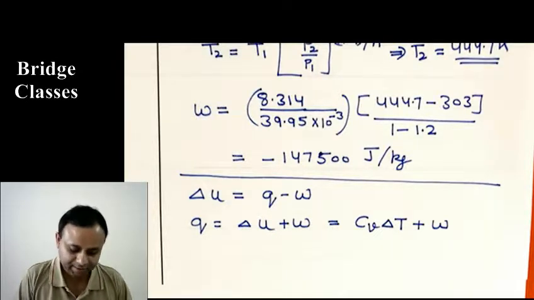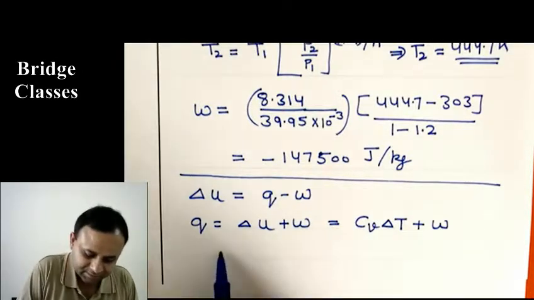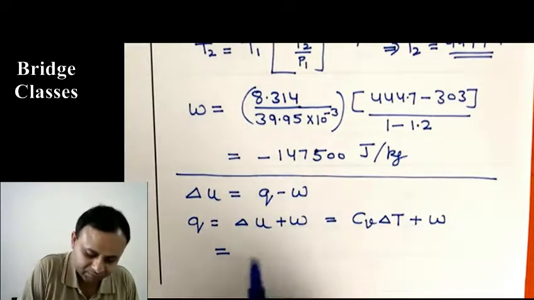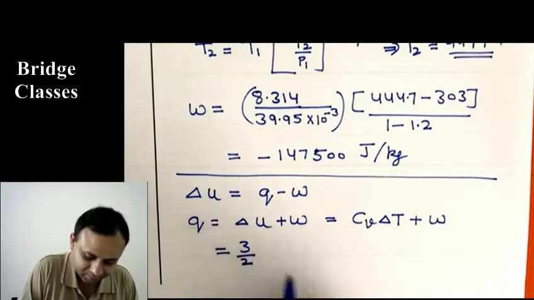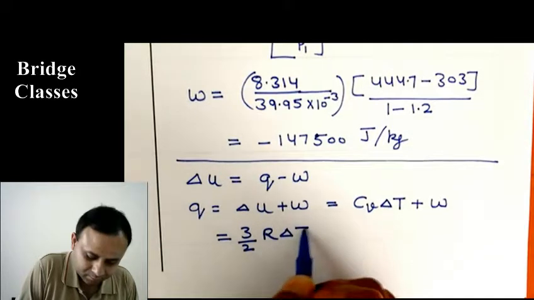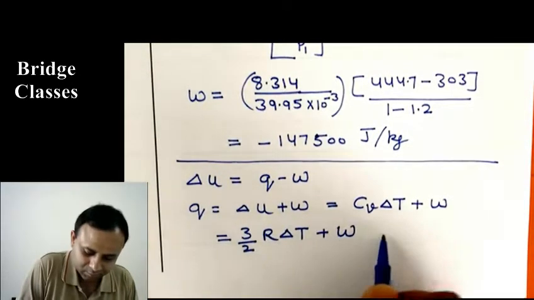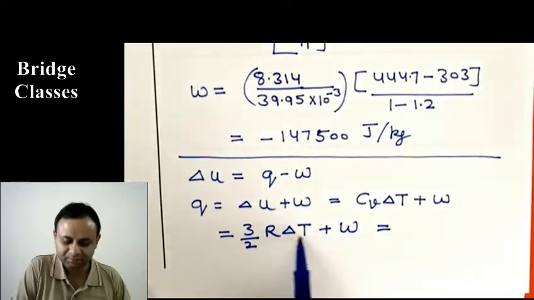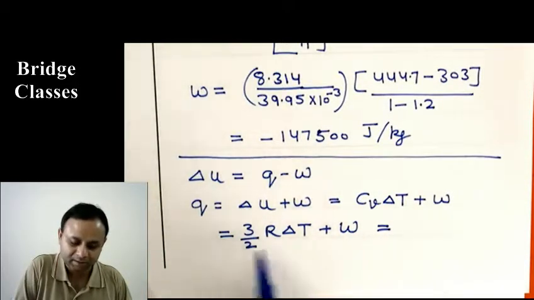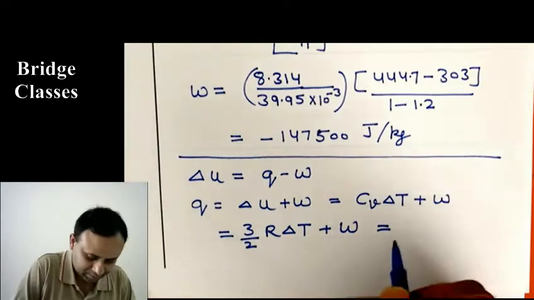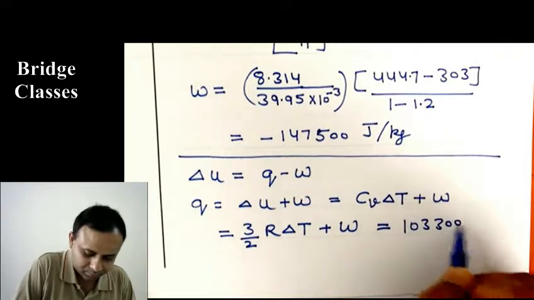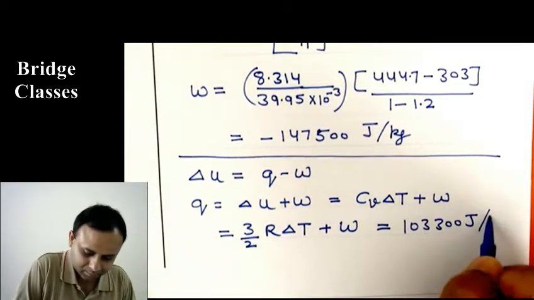For a monoatomic gas, Cv is 3/2 R and Cp is 5/2 R. So Q is 3/2 R delta T plus W. Plug numbers and you get 103,300 joule per kilogram.